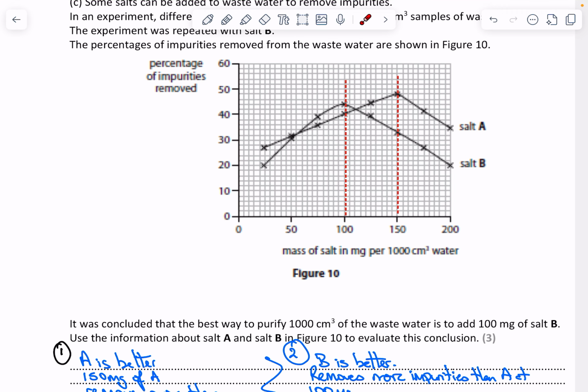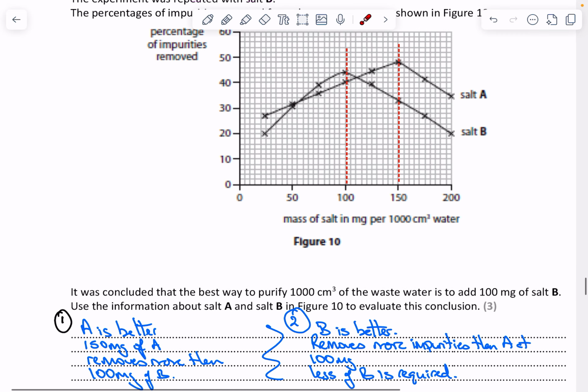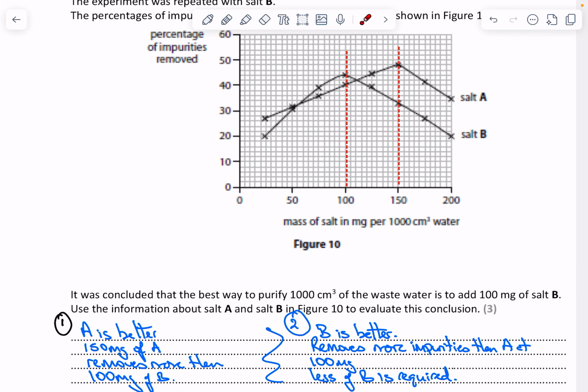So first of all, 100 milligrams of salt B. If we go to salt B and go for 100 milligrams, you can see that that's meeting the graph here. And therefore, we're removing more impurities with 100 milligrams of B than we remove with 100 milligrams of A. So that would be a good thing to do because that would be more cost effective, and it also means you need less of chemical B in order to do that.